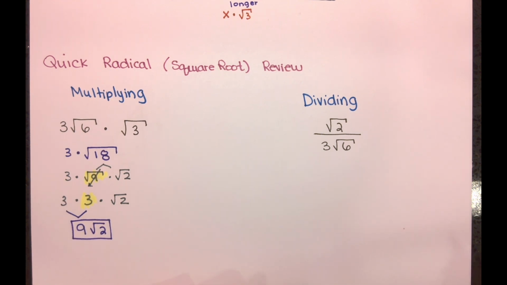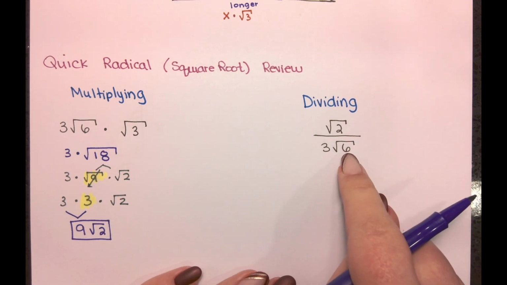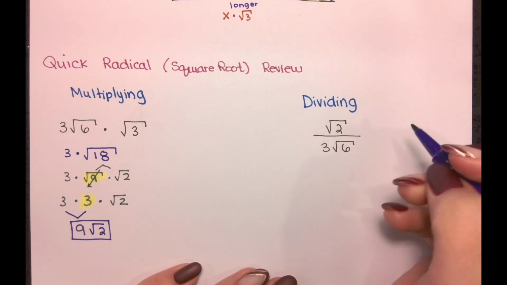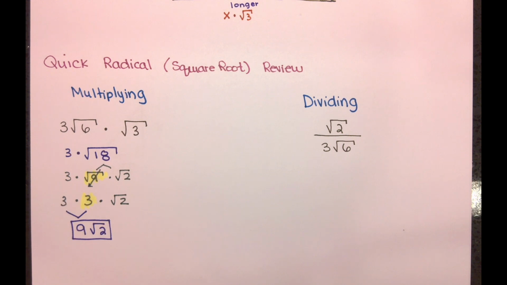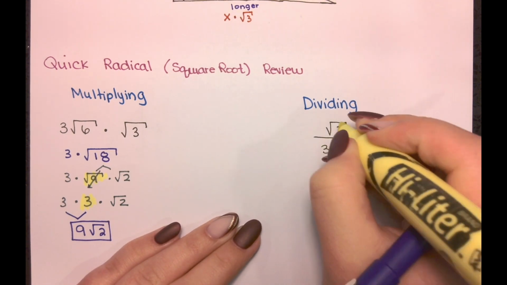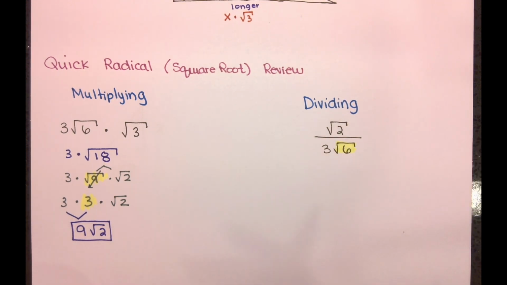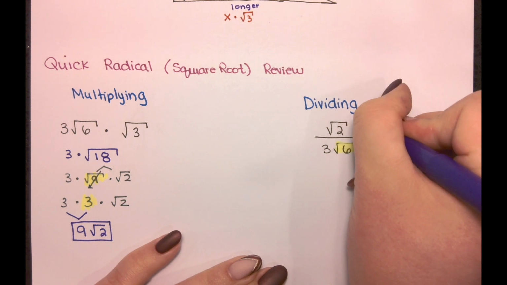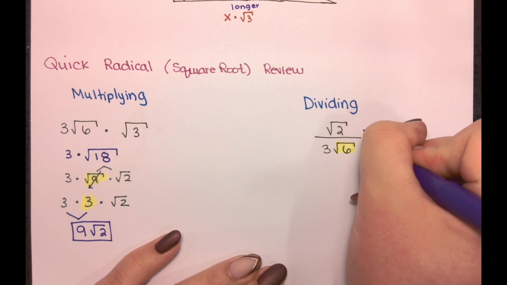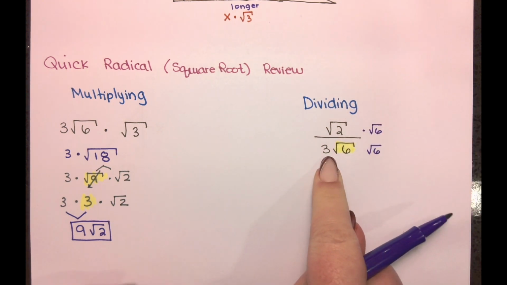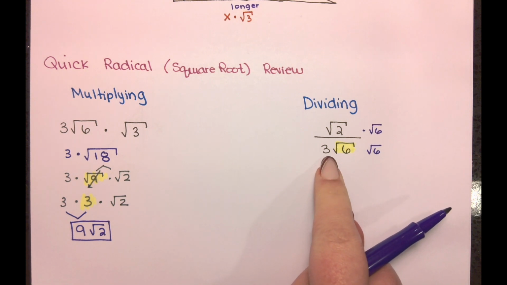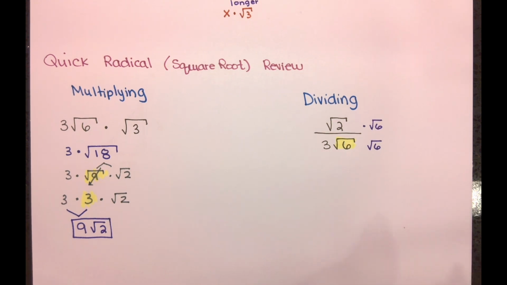When you are dividing, make sure to rationalize the denominator. So we're going to take that square root of 6. Check first if you can simplify. In this case, square root of 6 cannot be simplified, so we're going to jump in and just multiply top and bottom by the radical. That 3 in the denominator is not inside a radical. It's not inside the house, so that part doesn't matter.